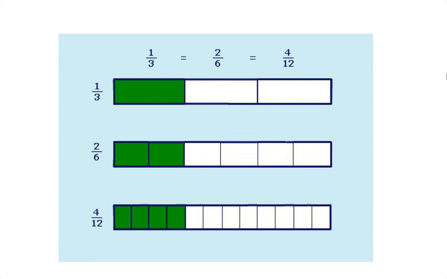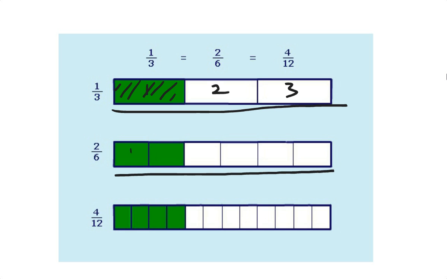Each of these sticks is the same size, they've just been split up into different segments, and each segment is different sizes. For instance, this stick here has been split up into 1, 2, 3 equally sized parts. If we take this first shaded bit and we compare that to the stick below, which has been cut up into 6 equal parts, then you can see that the shaded part is the same as 2 of these bits.